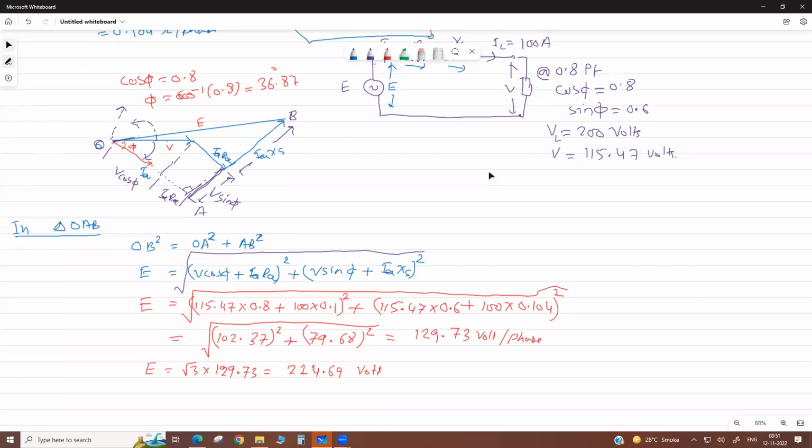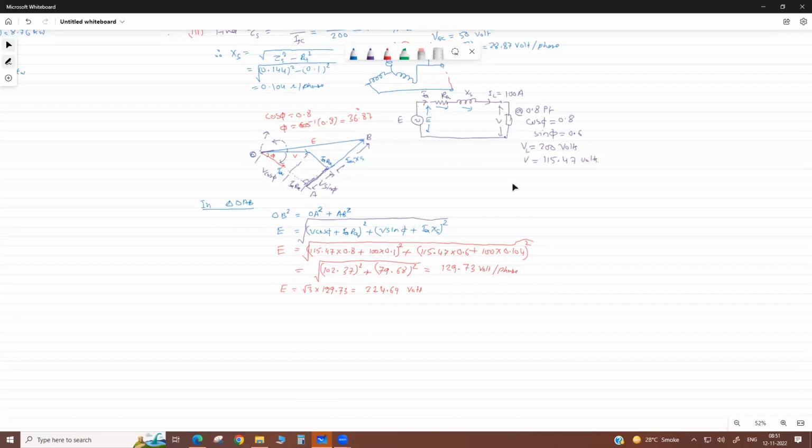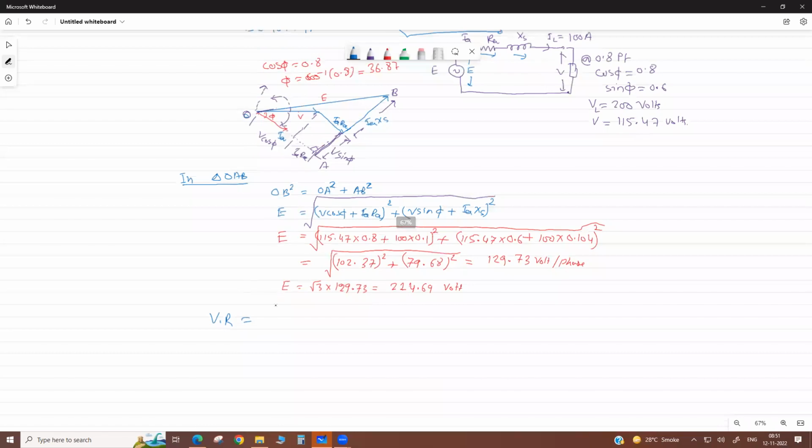Now your regulation is also found. Per phase value you put in regulation. But here it is not asked. If they ask, percentage voltage regulation will be E minus V by V into 100.